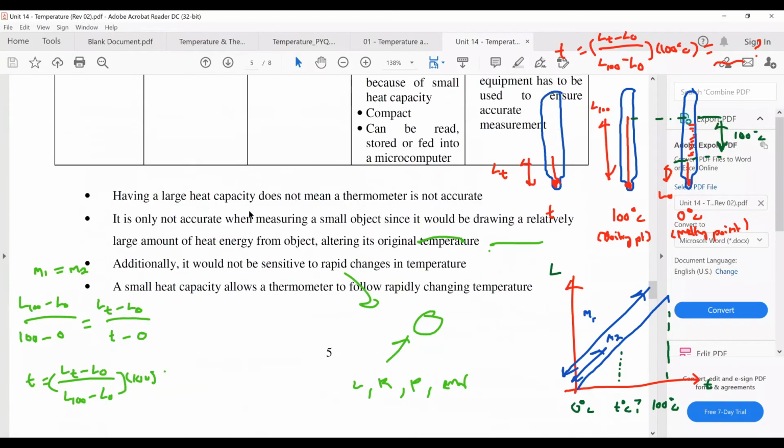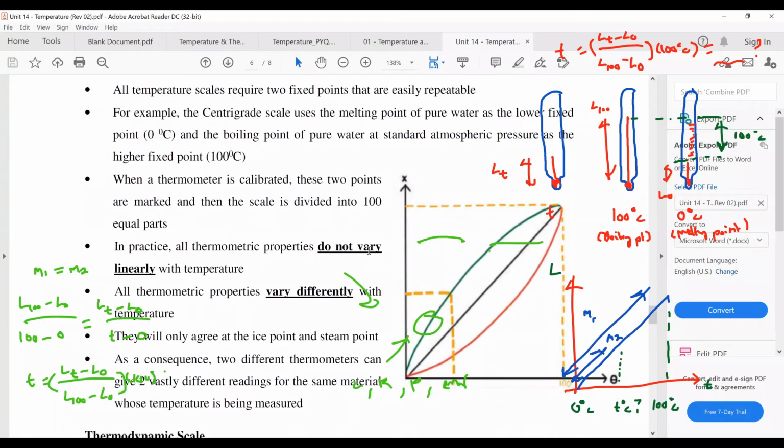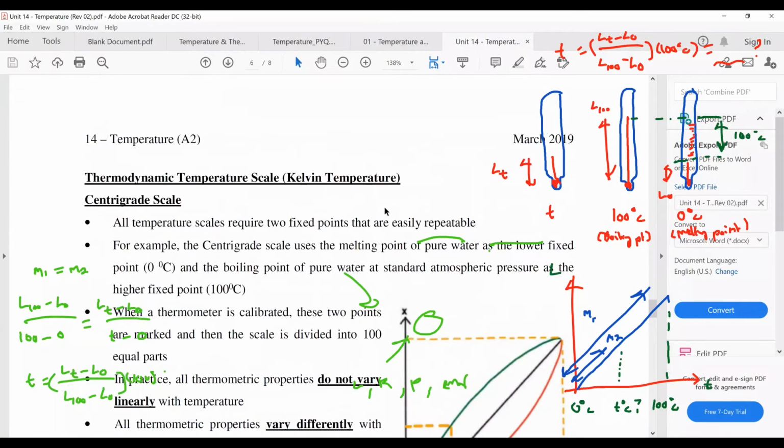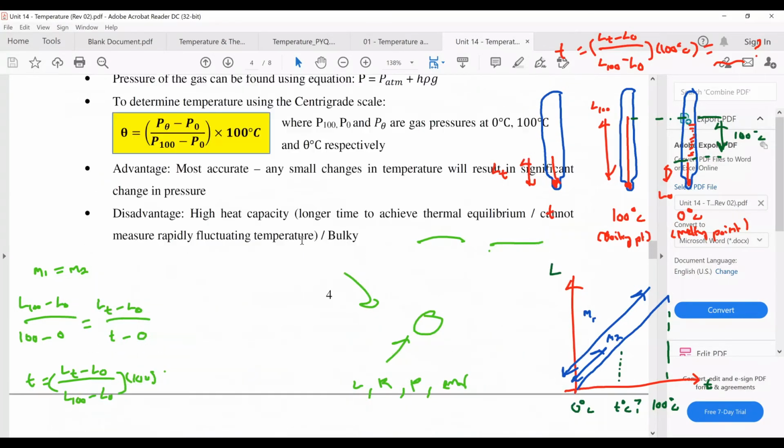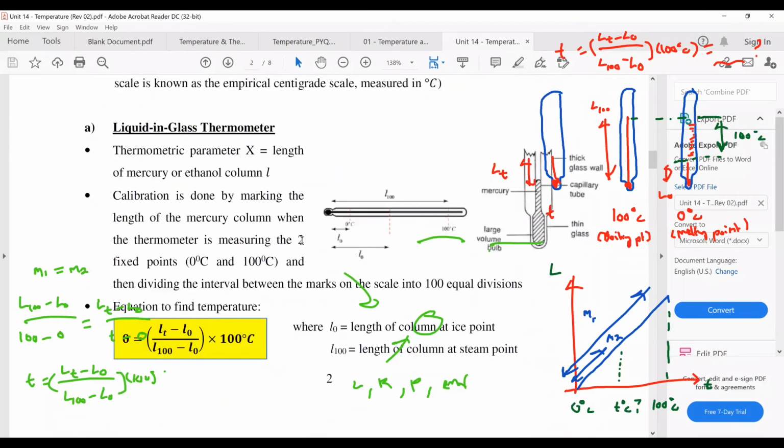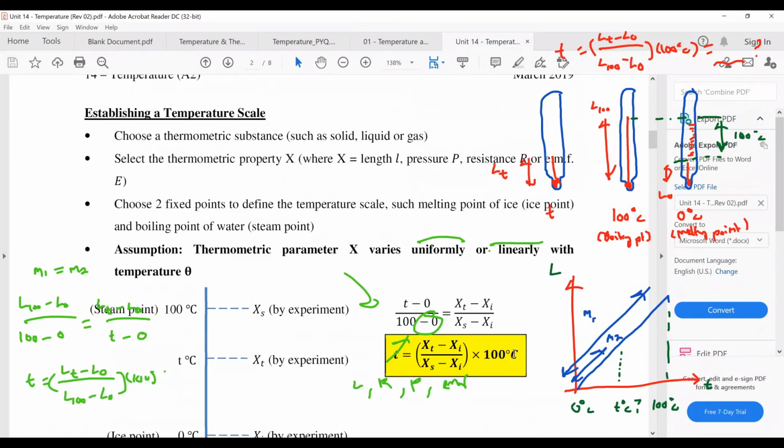Now, there is a disadvantage of using a thermometer that makes use of the centigrade temperature scale. Just now I told you that temperature determined using the centigrade temperature scale, degrees centigrade, is determined by using this equation, which in turn makes an assumption that your thermometric property is varying linearly with temperature, meaning it follows this straight line here.